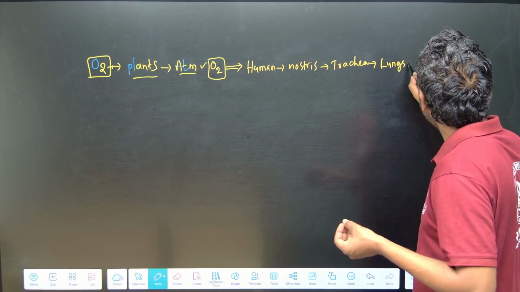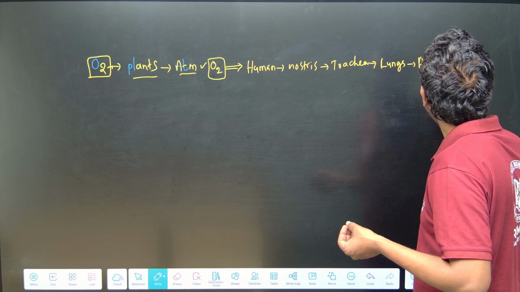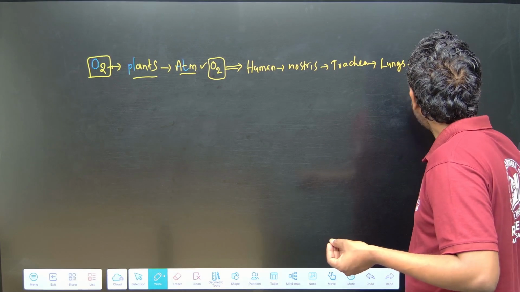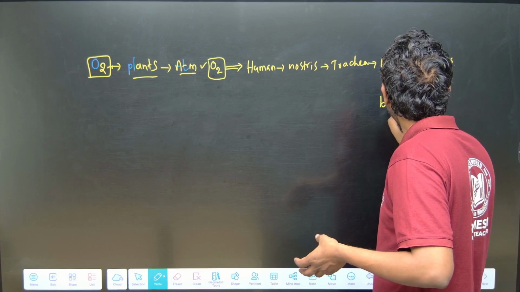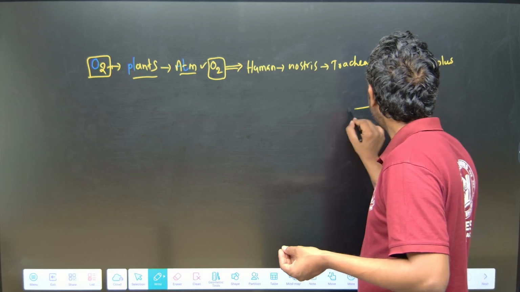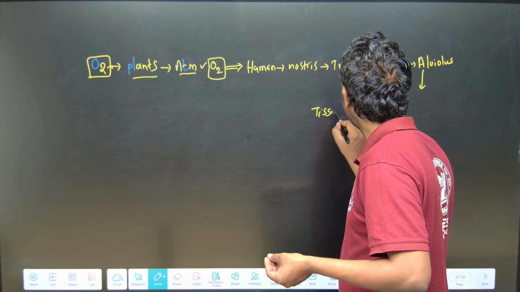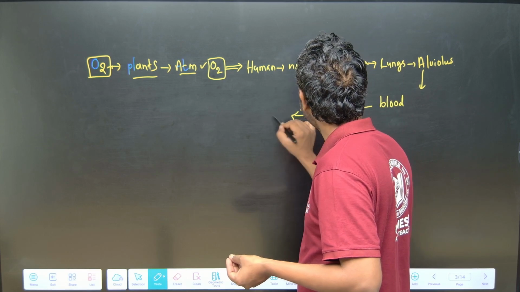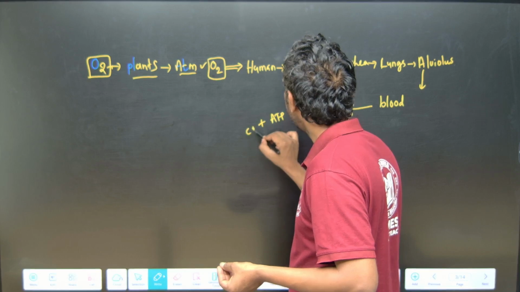In the lungs it fills the alveolus. From the alveolus it reaches the blood, and from the blood it finally reaches the tissue. The tissue utilizes the oxygen and gives energy in the form of ATP and CO2.